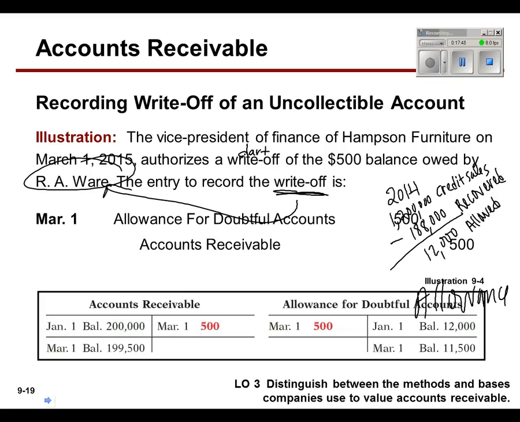Now notice, have you seen a theme here? When you write something off, AR goes down. Dart, write off, AR goes down. AR is the credit. Okay, remember this. This is great. This tells the story down here. Remember, allowance for doubtful account is a contra asset with a credit balance.